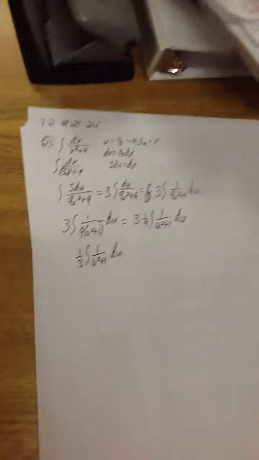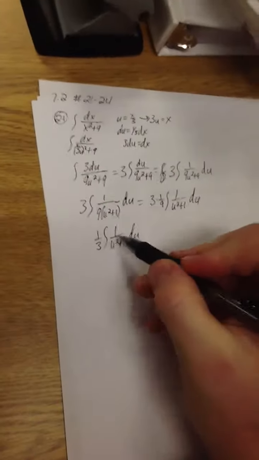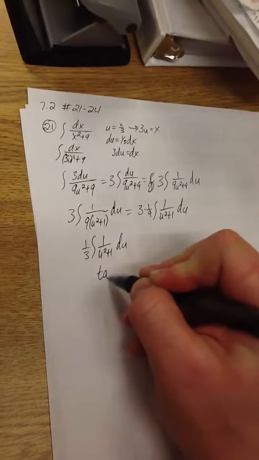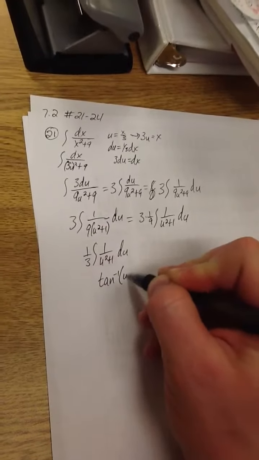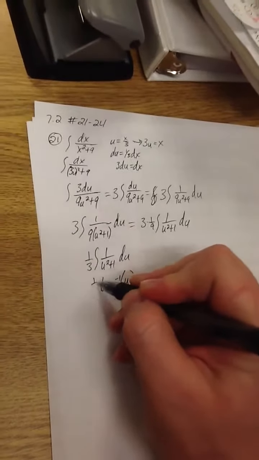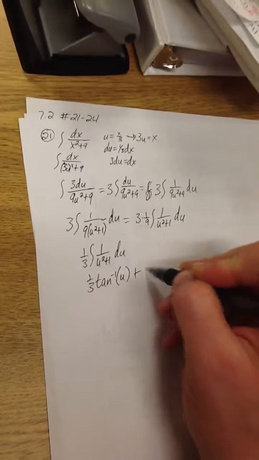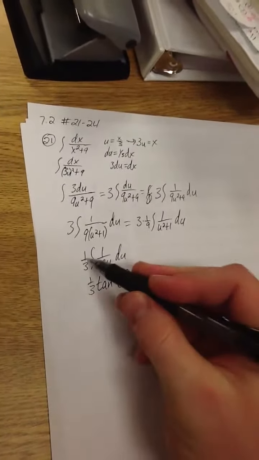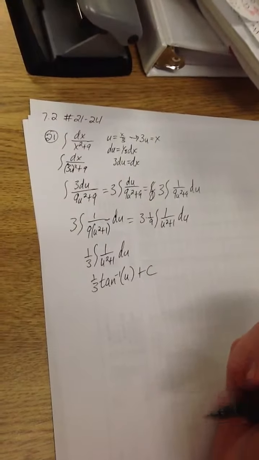Hopefully that's all you need, and you can take it from there. I mean, 1 over u squared plus 1, isn't that just the inverse tangent of u? So I'd have 1/3 inverse tangent of u plus c. Right, because the derivative of that is that. Just leave the 1/3 sitting out front.